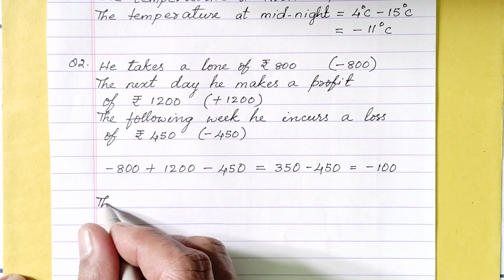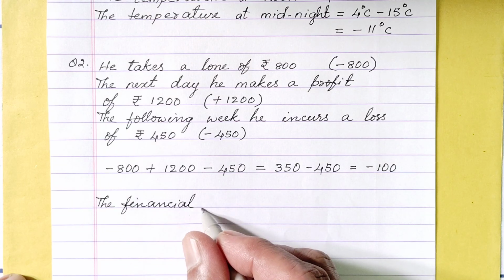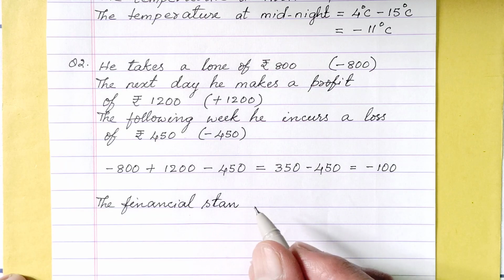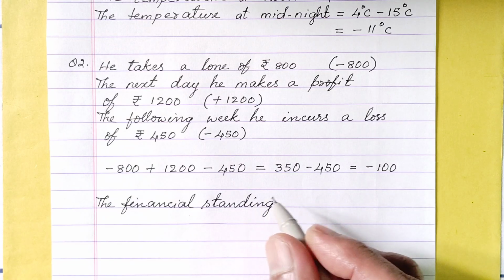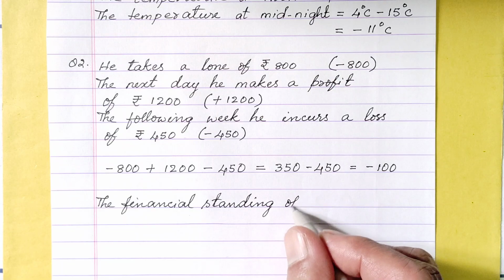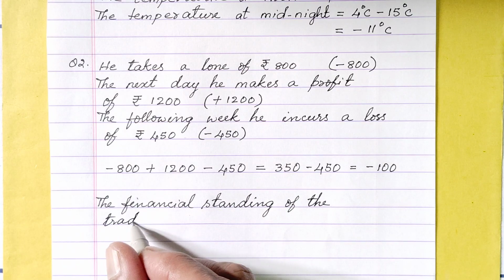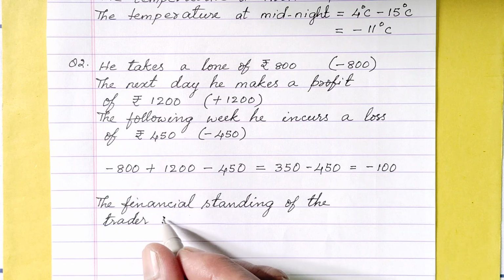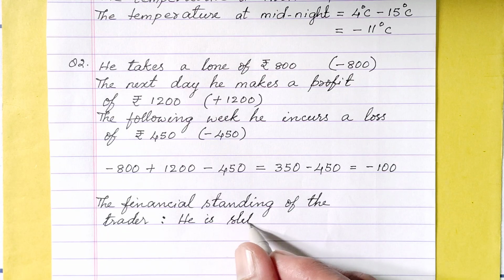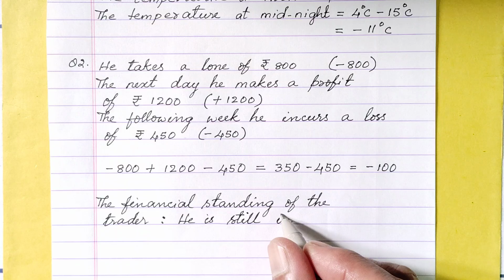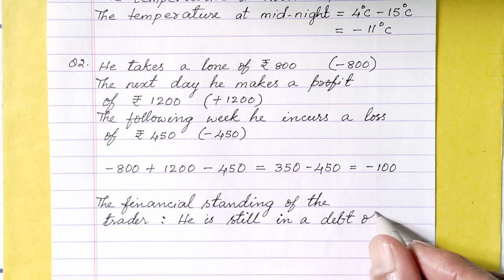The financial standing of the trader is, he is still in a debt of rupees 100.